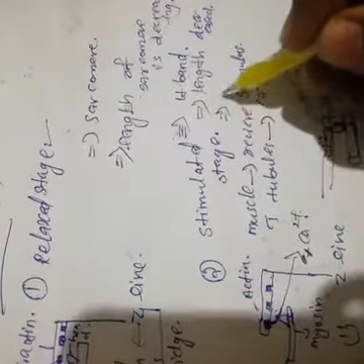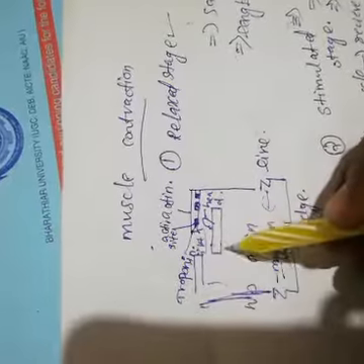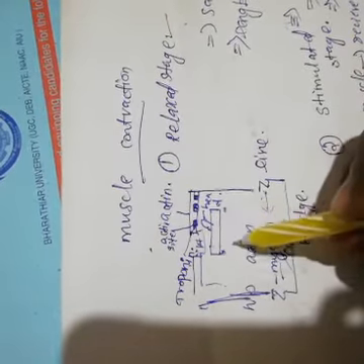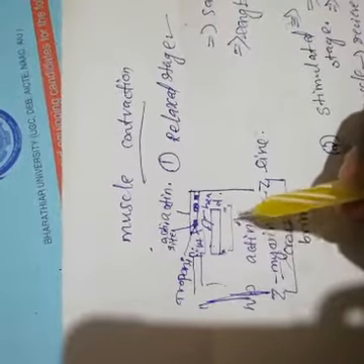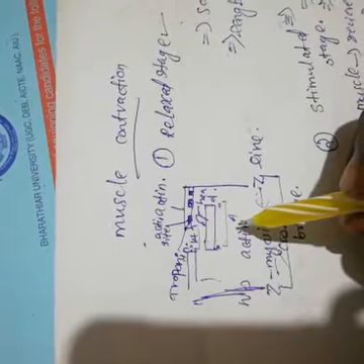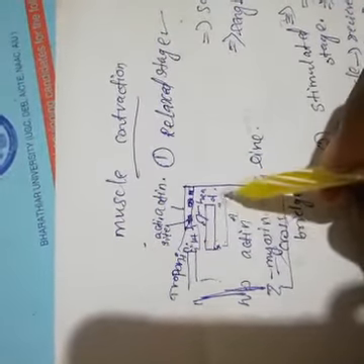Then we are taking the next one, that is the A band. What about the A band? The A band is the length of myosin, from one end to the other. This one is the A band. We can observe that there is no movement for the A band here, only actin and Z line are moving, so there is no change in the length of the A band.